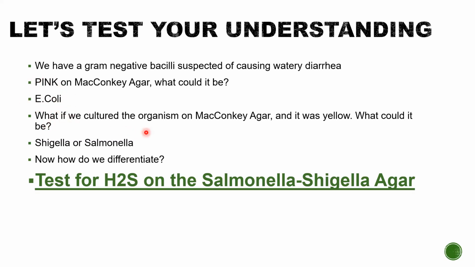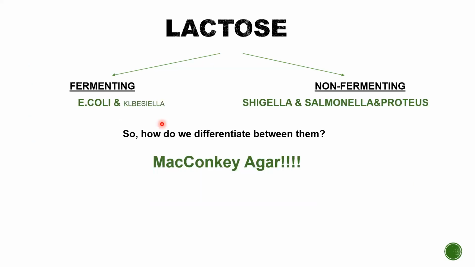Now, what if we cultured the organism and it appeared yellow on MacConkey agar? What could it be? Klebsiella is actually lactose fermenting, but it's not really taught by your instructor.